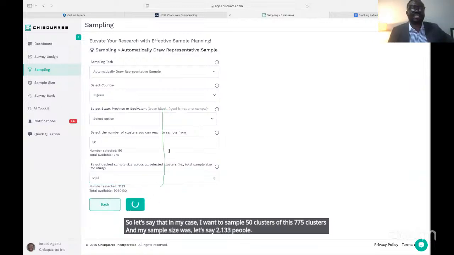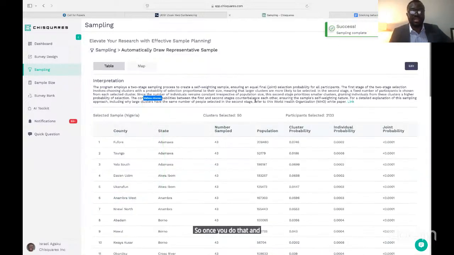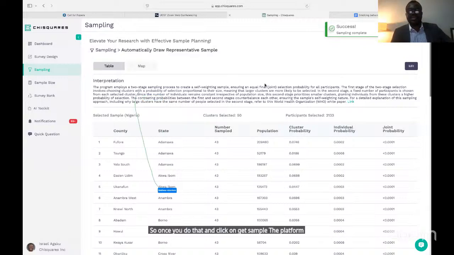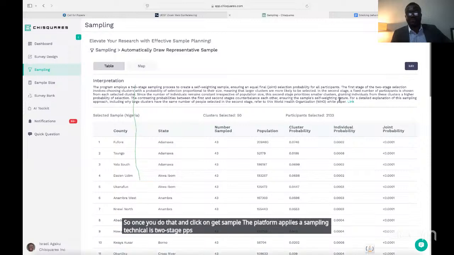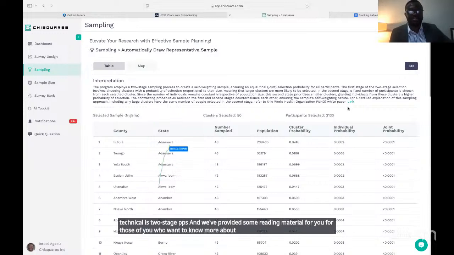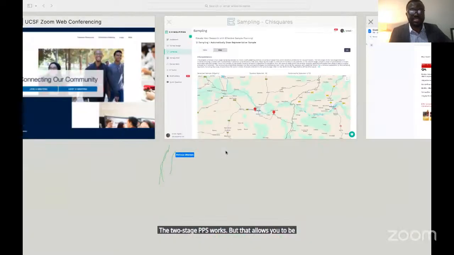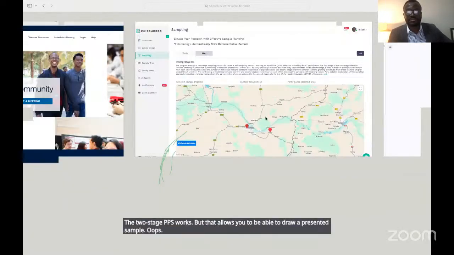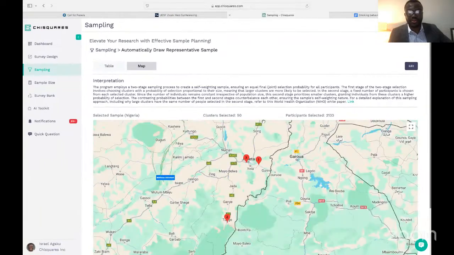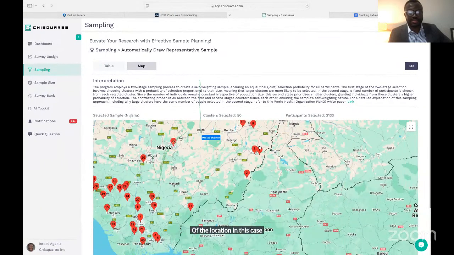Once you do that and click on Get Sample, the platform applies a sampling technique called a two-stage PPS. We've provided some reading material for those of you who want to know more about scientific methodology, to read how a two-stage PPS works. But that allows you to draw a representative sample of the location, in this case, Nigeria.